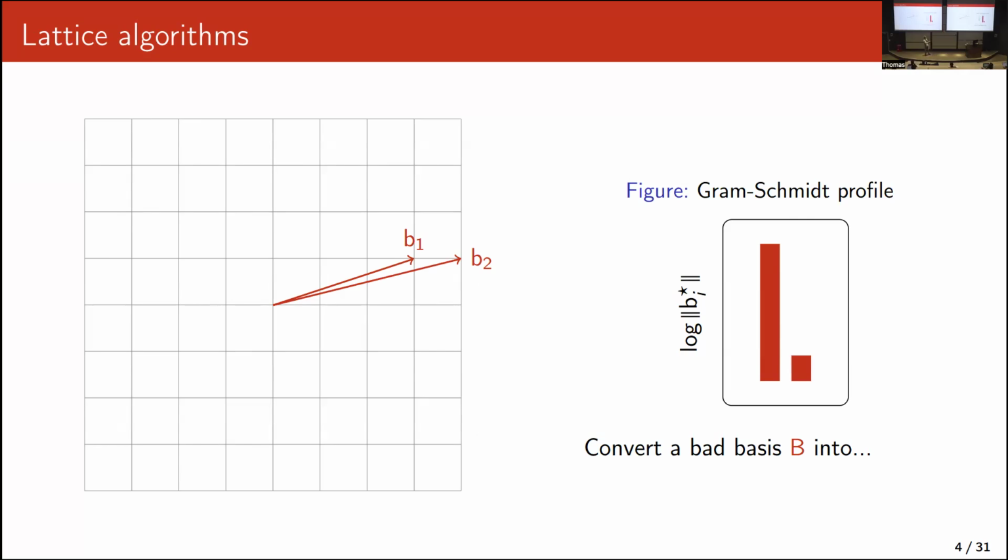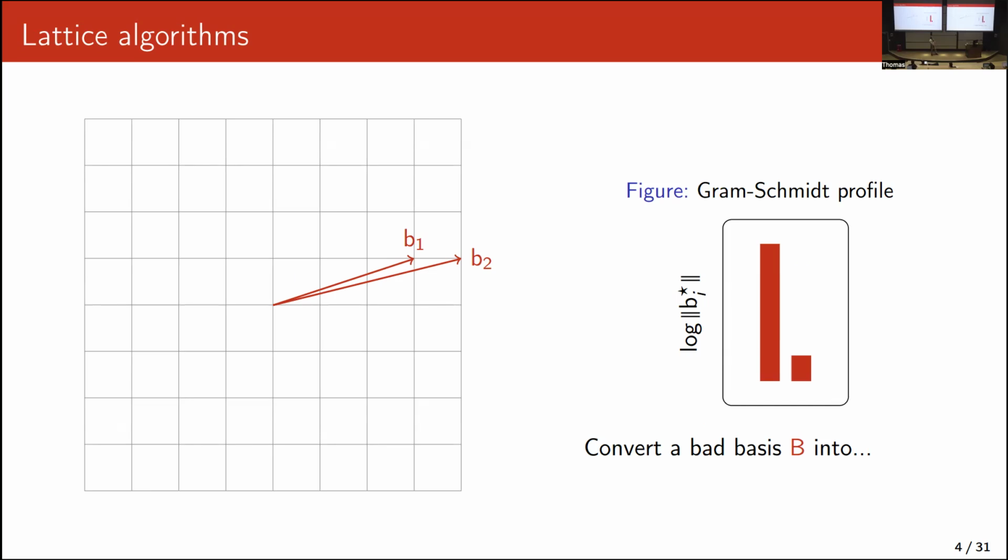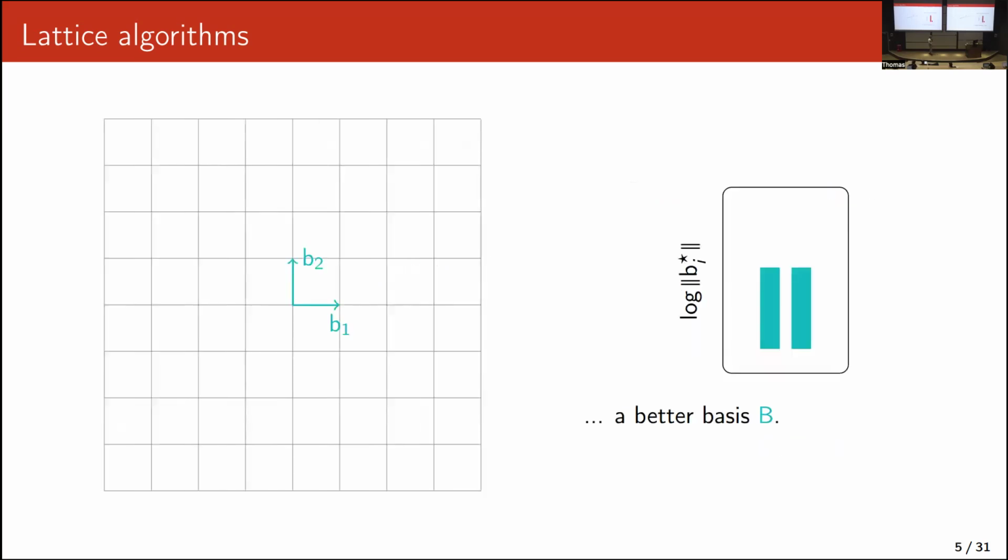Here the first one is the norm of B1, and the second one corresponds to the norm of the projection of B2 orthogonally to B1. You can see that this is very small here. And when I reduce the lattice, this becomes sort of horizontal. So if I can lower the slope, if I can make the profile more horizontal, then I'm reducing the lattice in a good way.